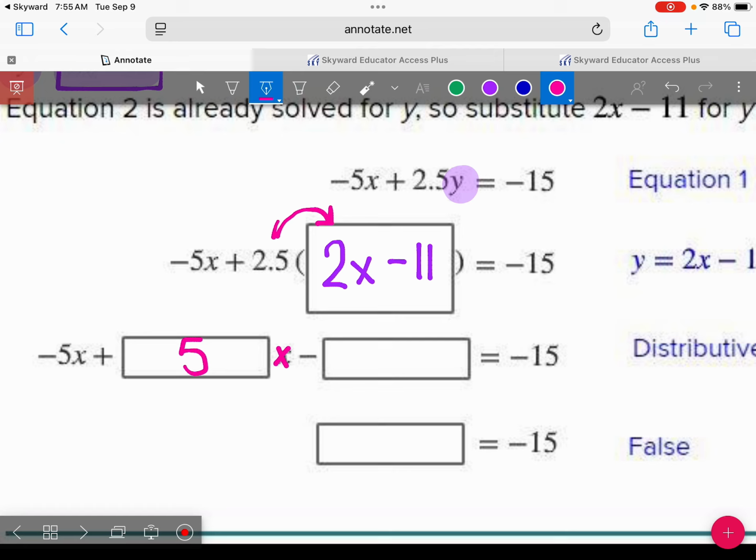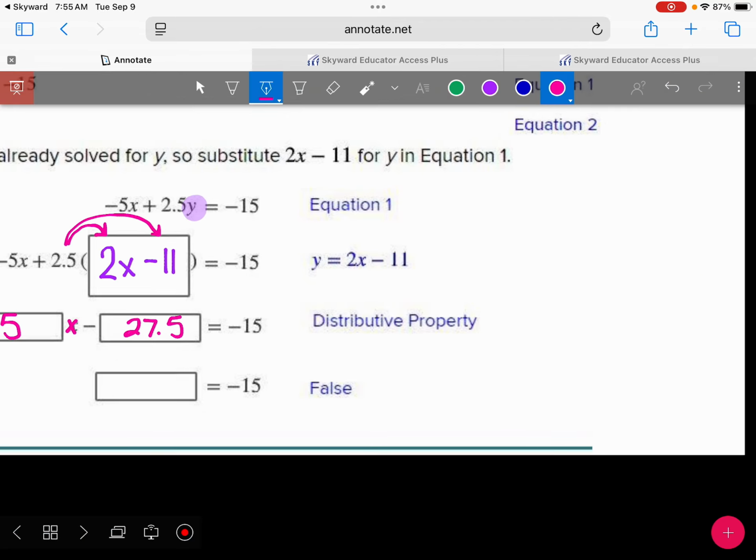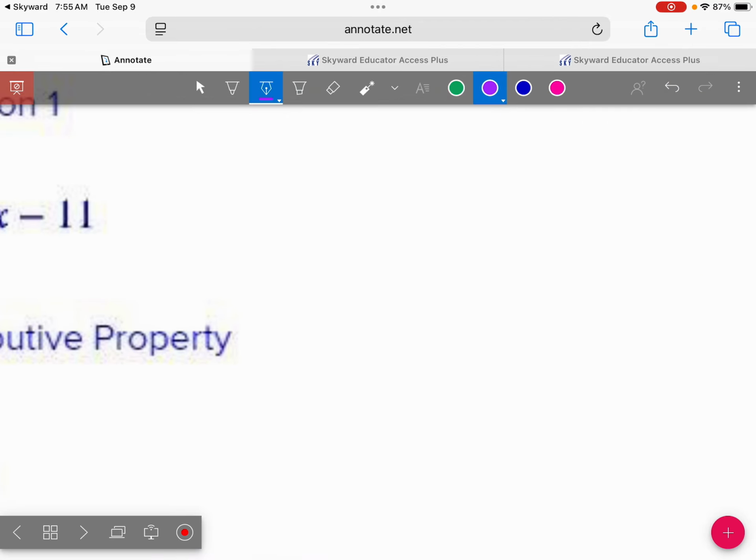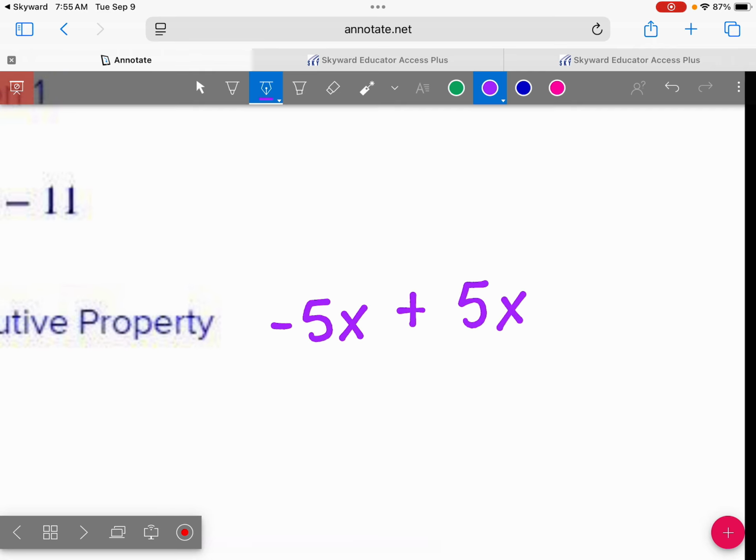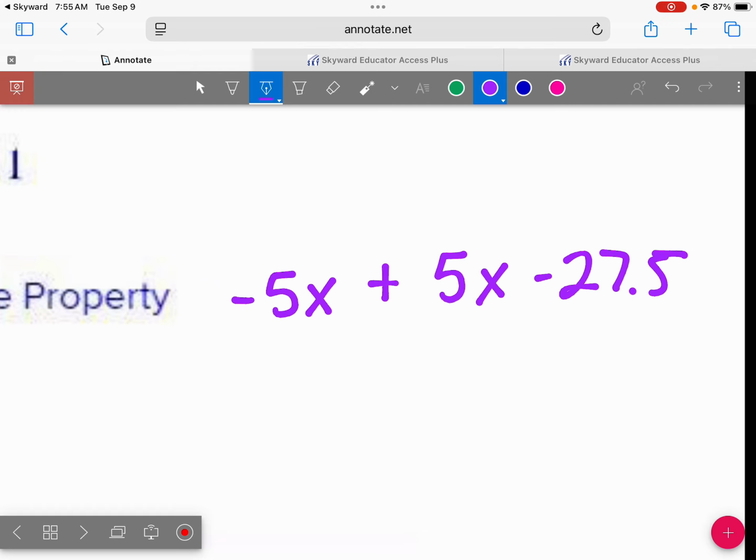And then we're going to have our 2.5 times this minus 11, and we get 27.5. So I'm just going to rewrite this line because I don't like the way they've written it here, where we have our minus 5x plus 5x minus 27.5.